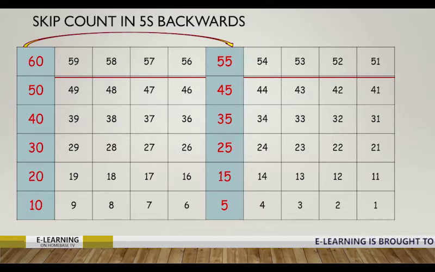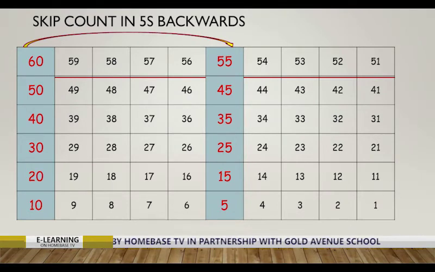We skip 39 to 36 to our next count, 35. We skip 34 to 31 to give us our next count, 30. We skip 29 to 26 to give us our next count backwards, 25.